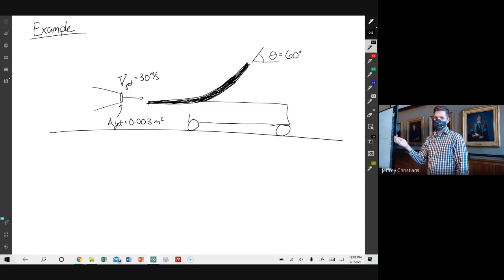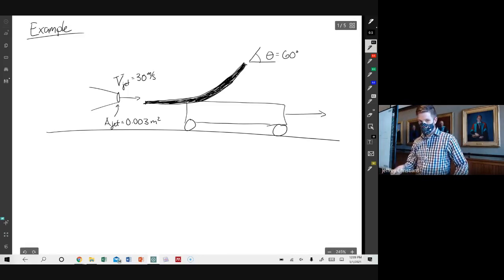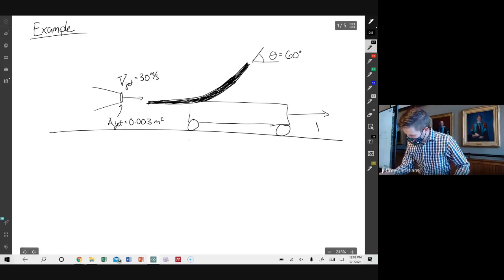So we'll look at one snapshot where our car is moving and being pushed by this jet, and see what the forces are at that one snapshot.